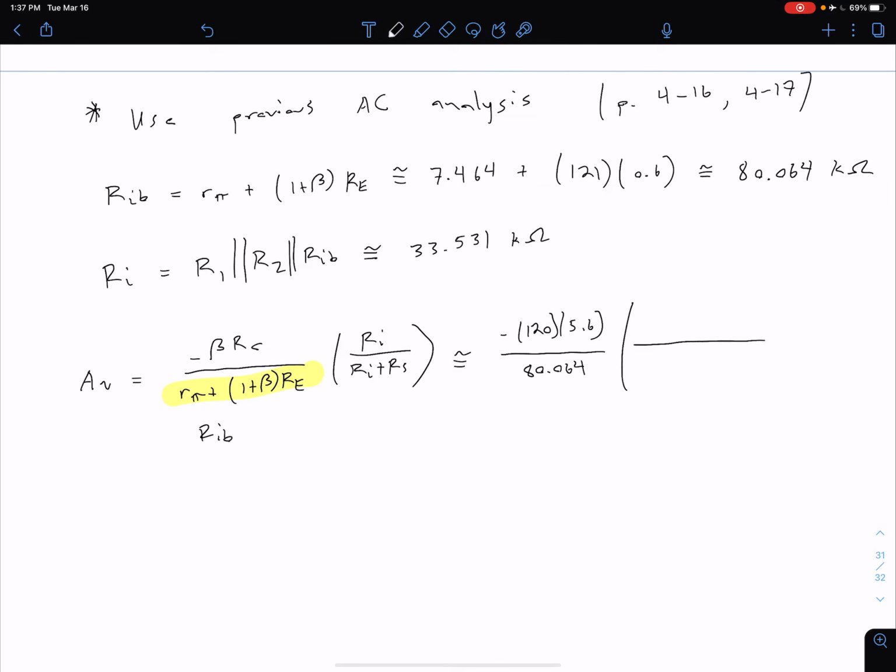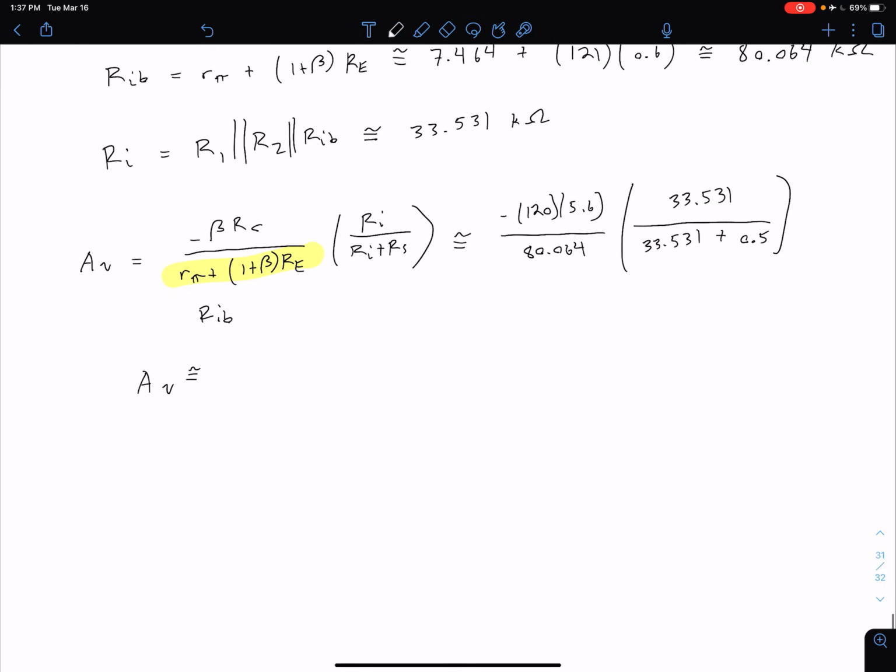And then this voltage divider ratio, we have 33.531 for our RI, and our RS is 0.5.